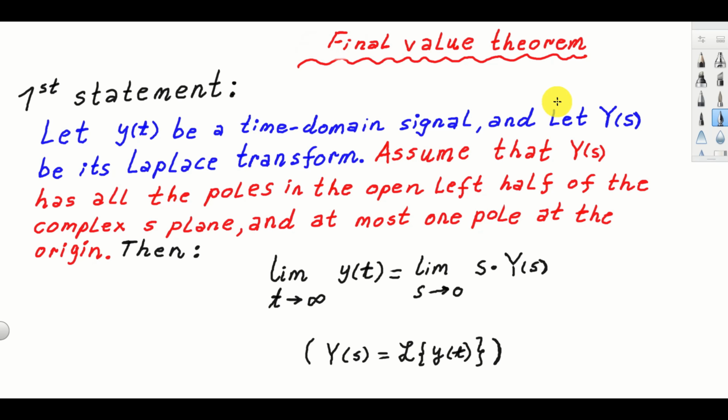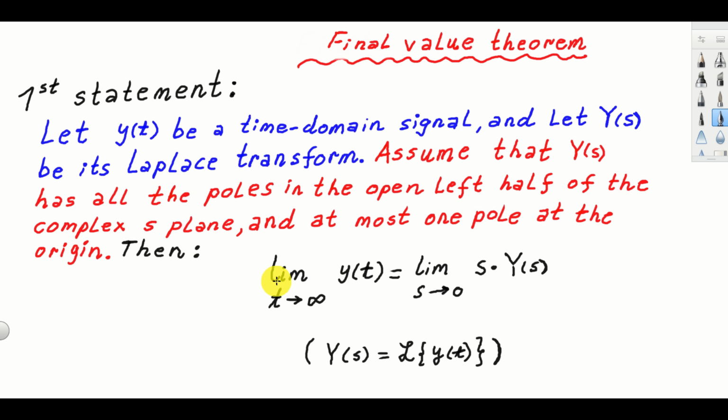The final value theorem has two equivalent statements. Here is the first statement. Let lowercase y of t be a time domain signal and let capital Y of S be its Laplace transform. Then assume that the Laplace transform Y of S has all the poles in the open left half of the complex S-plane and at most one pole at the origin.